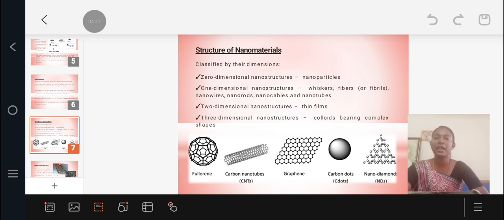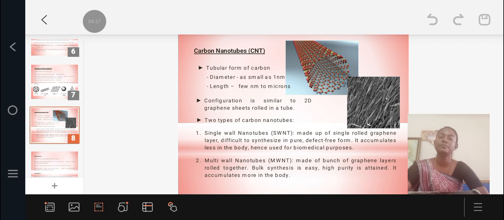These are some examples of nanomaterials: fullerene, carbon nanotube, graphene, carbon dots, nanodiamonds. Carbon nanotube, called CNT, is a tubular form of carbon, with diameter as small as 1 nanometer and length from a few nanometers to microns.